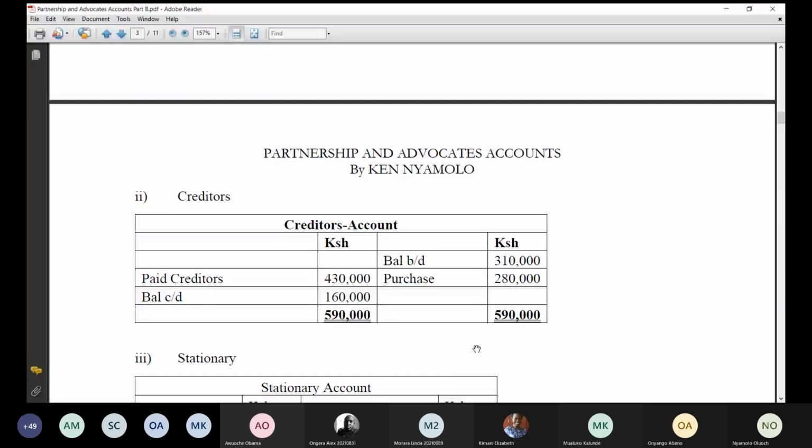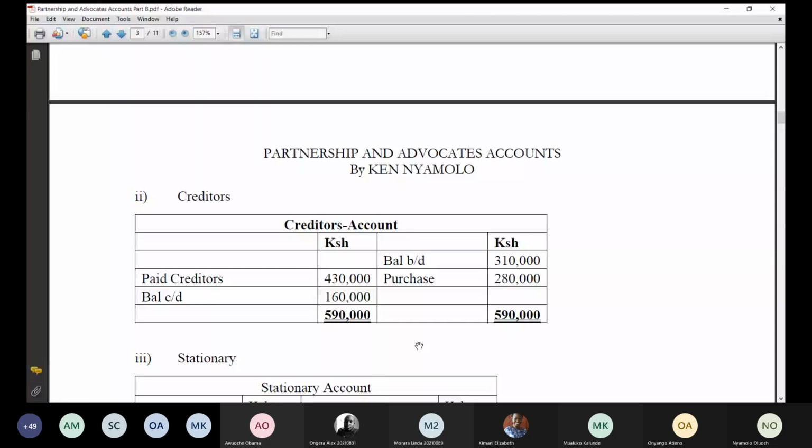Then we are told we made a purchase of 280, but we also paid creditors 430. So if you add our balances of 310 plus the new purchases of 280, we have 590,000. So when we pay creditors, we reduce.